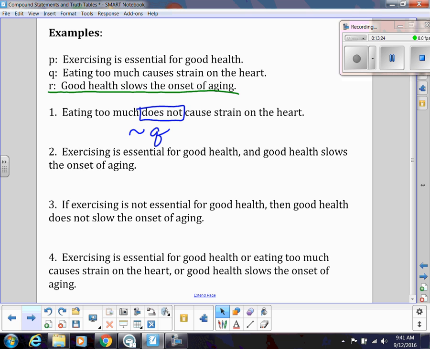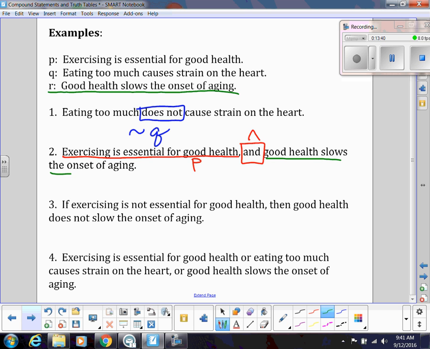All right, the second one, exercising is essential for good health. That's the P part, right? Right here is P. Then we have and. Do you remember what we used for and? That's that upside down V. And then good health slows the onset of aging. This part is R. So if I wanted to write that symbolically, I would write P and R.